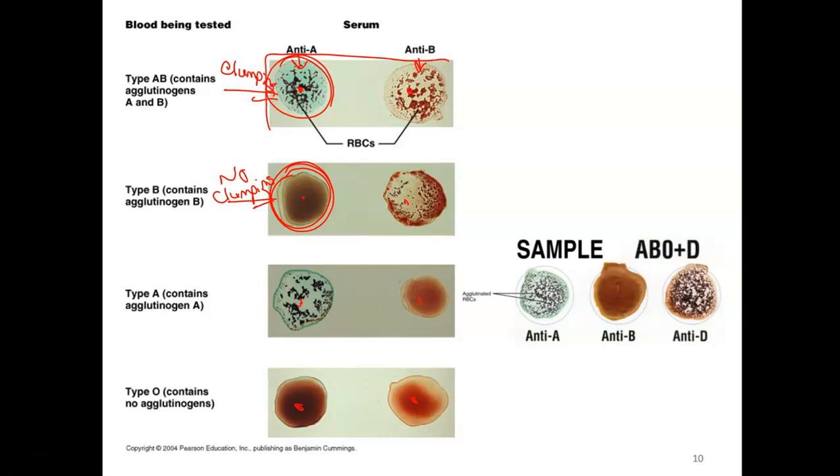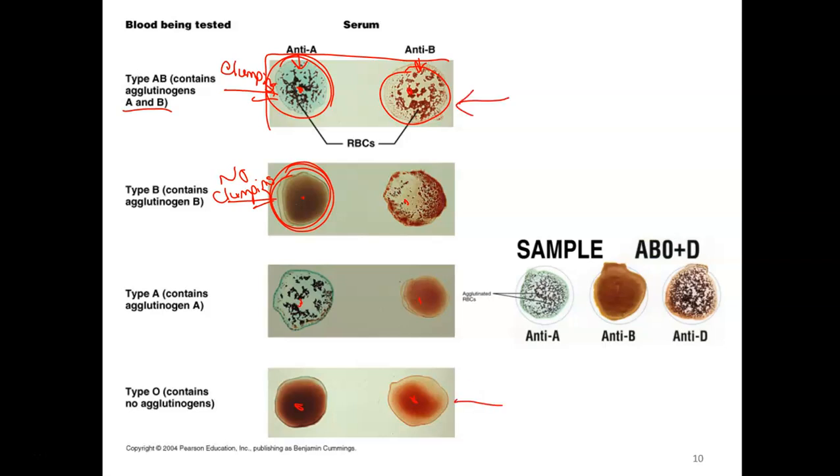So those anti-A antibodies are reacting with the A antigen on the red blood cell. Now, since this top slide is type AB, the blood is also going to react with B antibodies because there are B antigens on the cell membrane. So this person would be type AB.